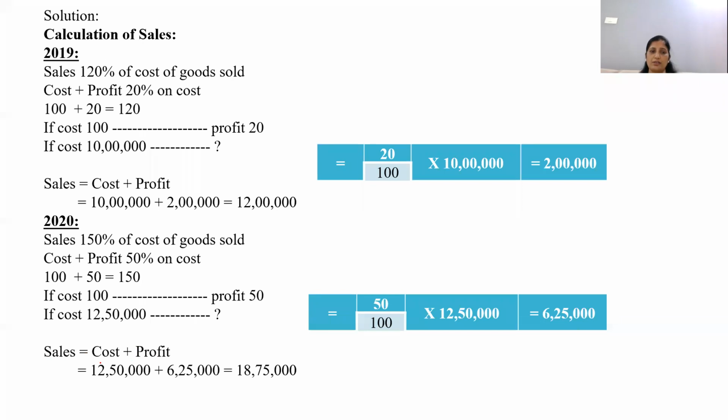So sales is equal to cost plus profit. Cost is 12 lakhs 50,000 plus profit is 6 lakhs 25,000. You will get 18 lakhs 75,000 as sales. So here 12 lakhs is the sales for the year 2019, and 18 lakhs 75,000 is the sales for the year 2020.